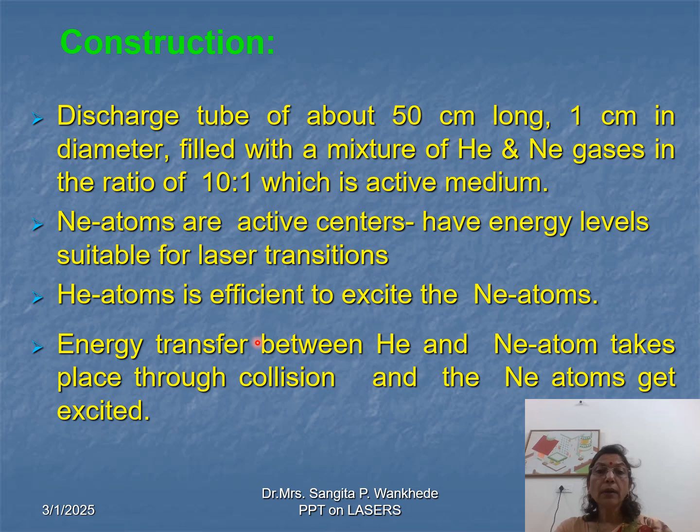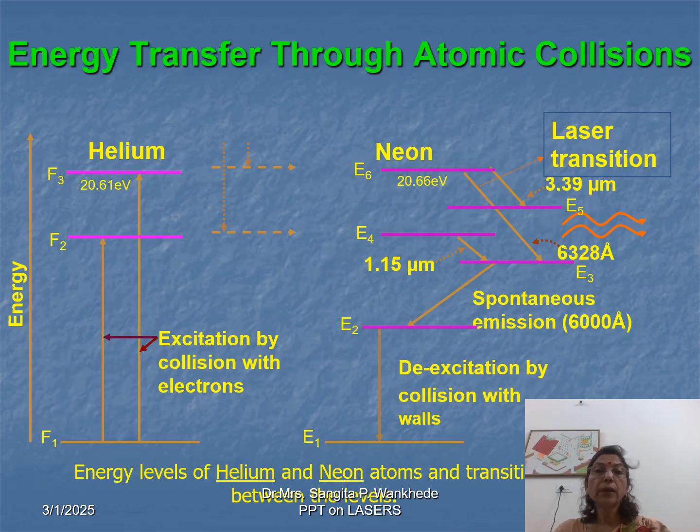Helium atoms are efficient at exciting the neon. The role of the helium atom is to excite the neon atoms. I will explain in the energy level diagram. Here is the energy level diagram of helium, and this is the energy level diagram of neon.